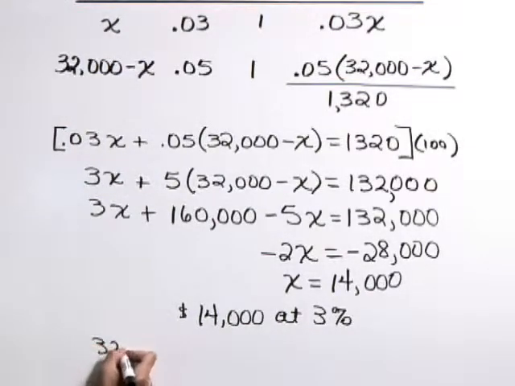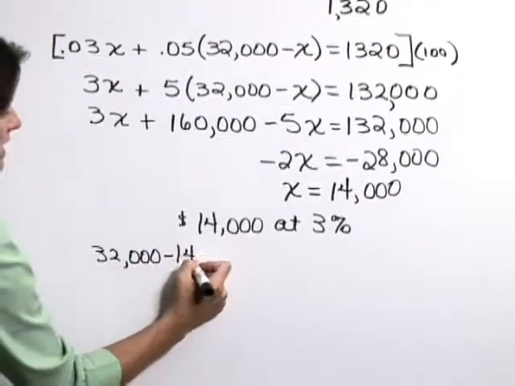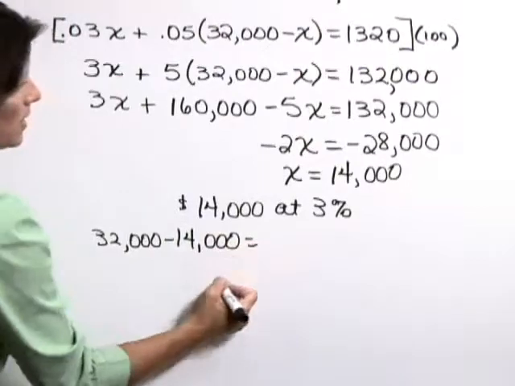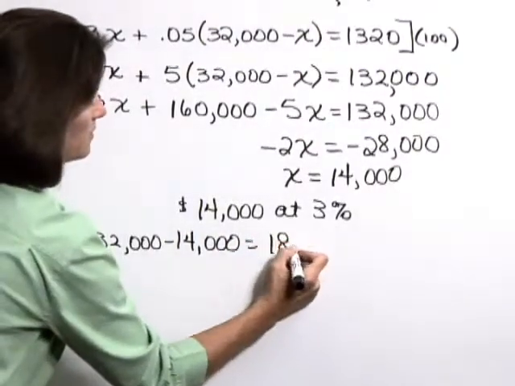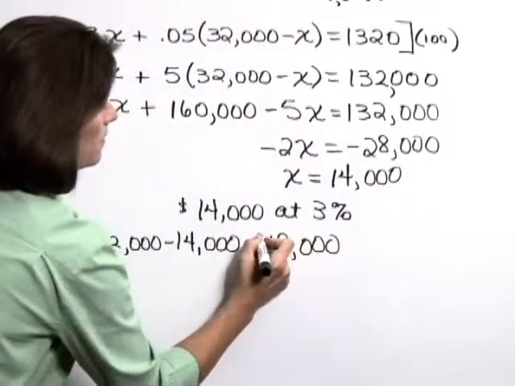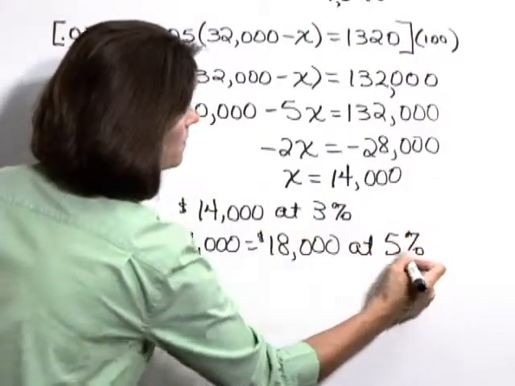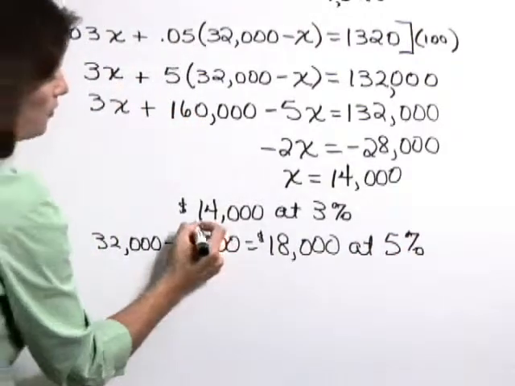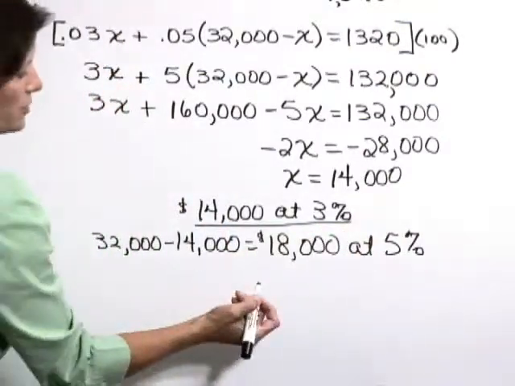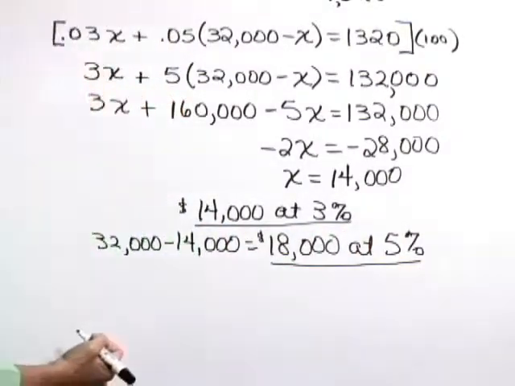So 32,000 minus x, or minus 14,000, gives 18,000 as our amount invested at 5%. So we've solved the problem, 14,000 at 3%, 18,000 at 5%.